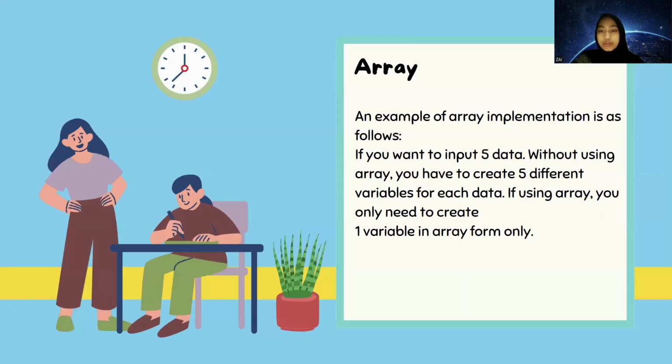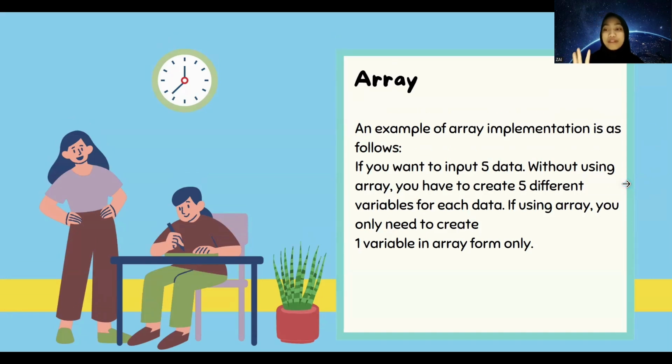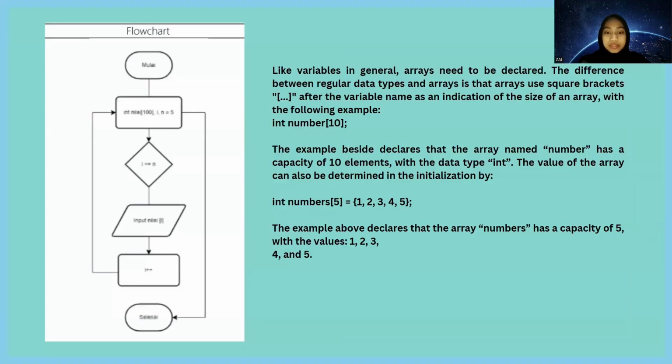Okay, an example of array implementation follows. If you want to input 5 data without using an array, you have to create 5 different variables for each data. But if you use an array, you only need to create one variable in array form. So first of all, we can see the flowchart like this. To declare an array in a C program, we use brackets, like this, brackets to specify the number of values or the size of the array.